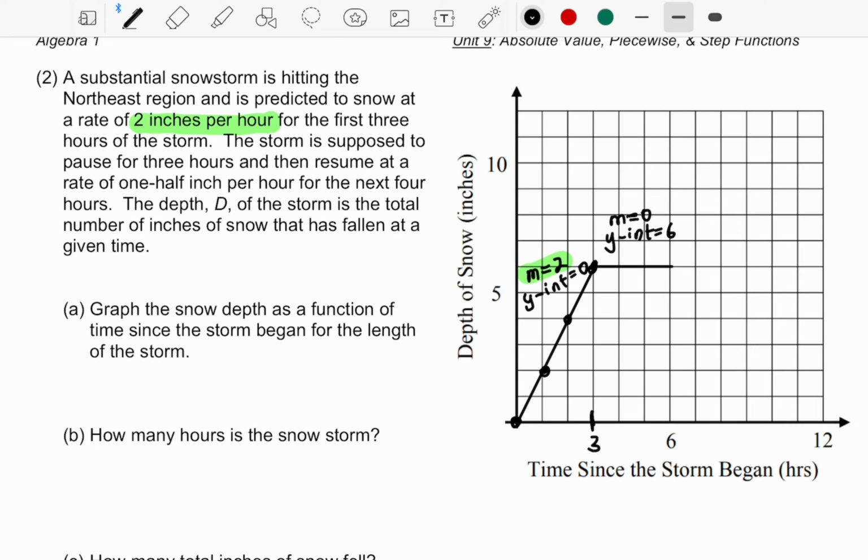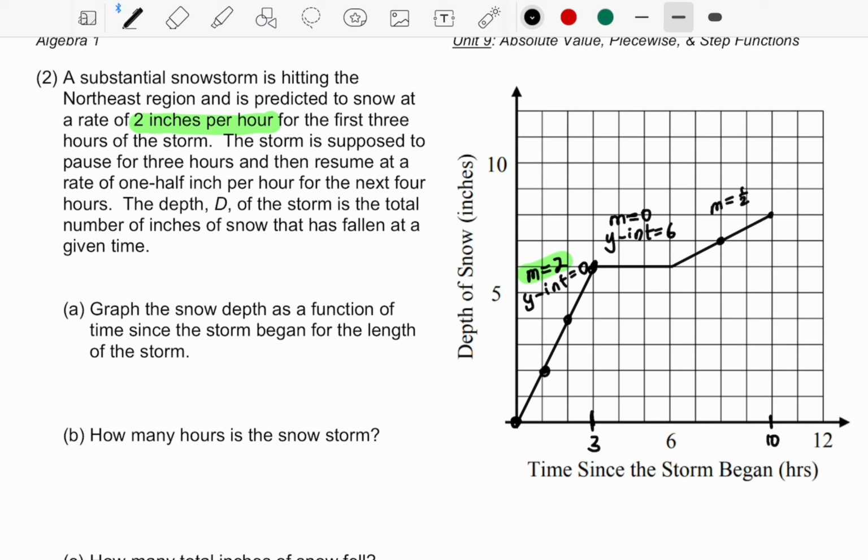I mean, that should be enough for a snow day, I guess. Then resume at a rate of 1/2 inch per hour for the next 4 hours. So that would get us to 10. 1/2, rise over run, up 1/2. Up 1/2, we have a slope of 1/2.